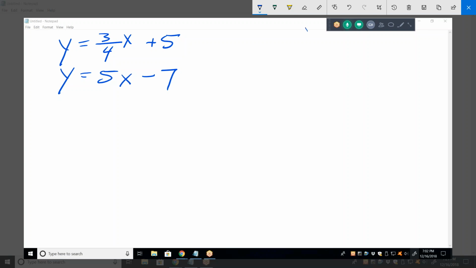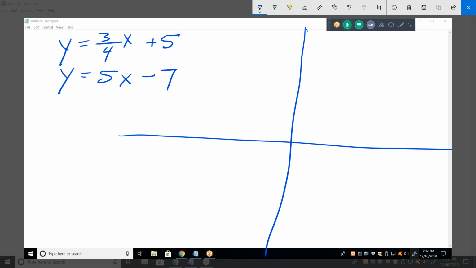Okay, so I'm going to solve this roughly by graphing it. And that's usually all you can do unless you have graphing paper, which will give you a little better resolution as to what the answer is. But I think an approximate way here is going to show you the same thing.